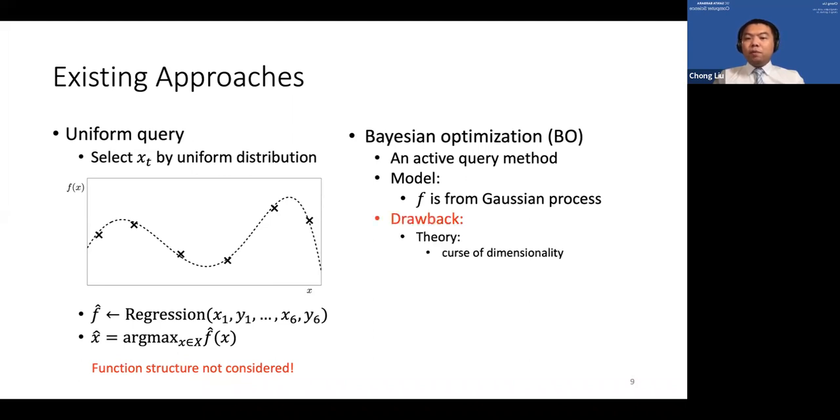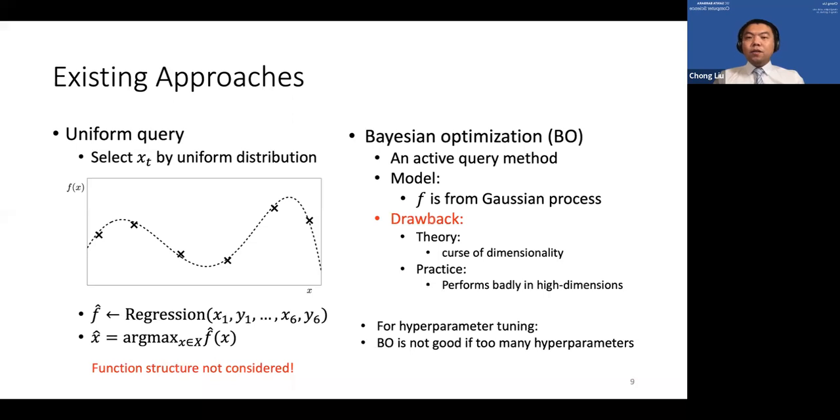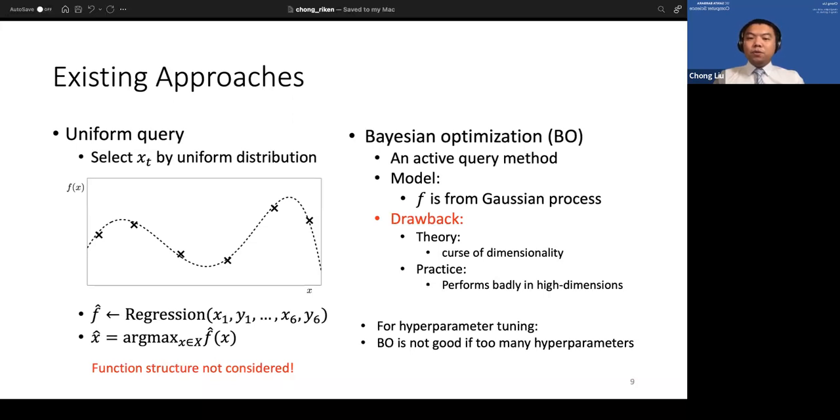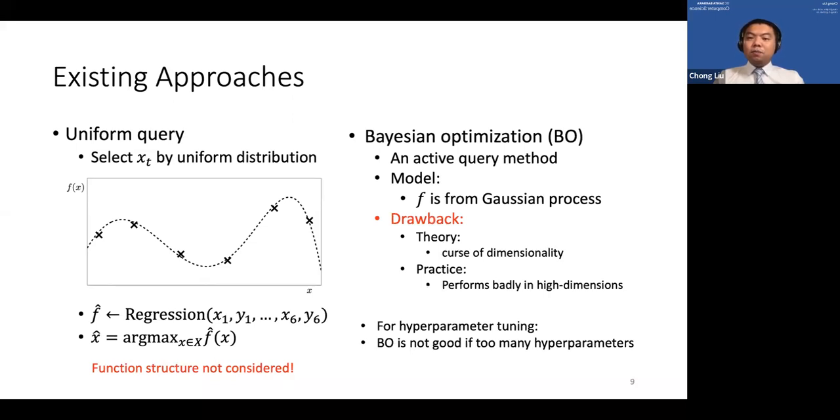But the clear drawback is that, in theory, it suffers from the curse of dimensionality. What does it mean? It means that in practice, it usually performs badly in high dimensions. And in terms of the hyperparameter tuning example, it means that Bayesian optimization is not good if there are too many hyperparameters that need to be tuned.